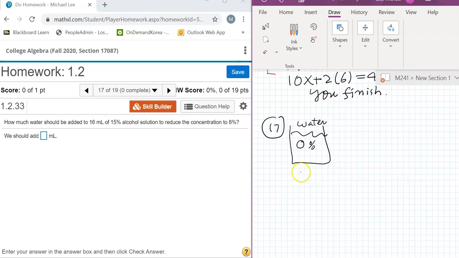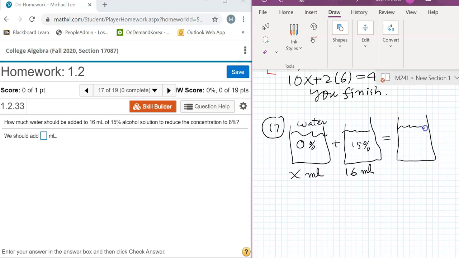So this is X milliliters. You're going to add 0% to 15% of 16 milliliters. When you mix with the pure water, the concentration is going to go down to 8%.